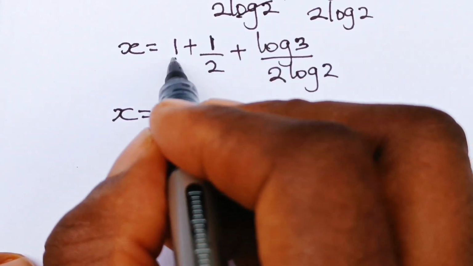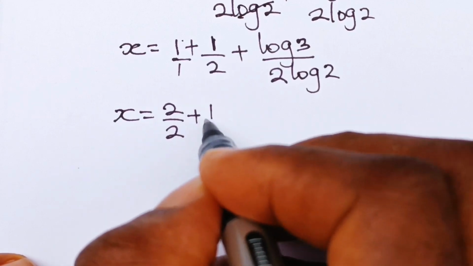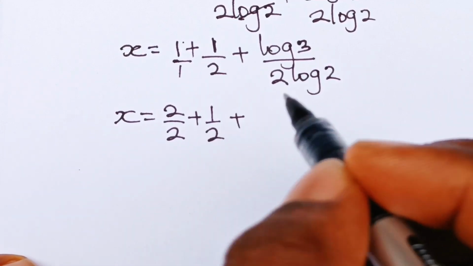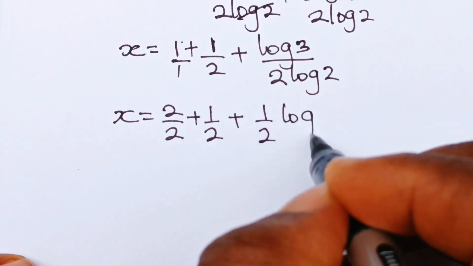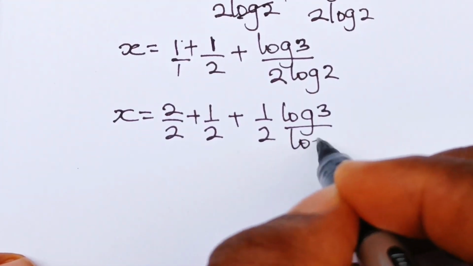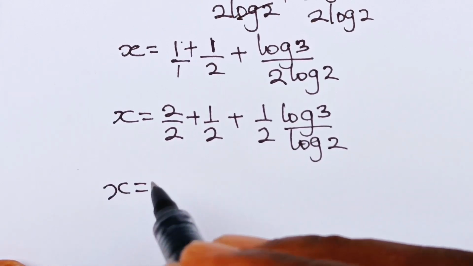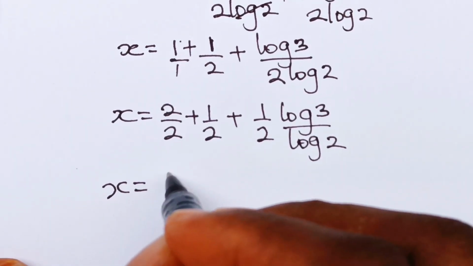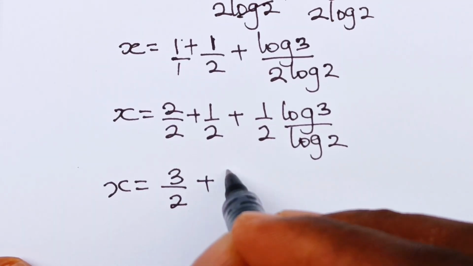Or let's solve it this way. 1 over 1 is the same thing as 2 over 2, plus 1 over 2 times log 3 divided by log 2. So we have that x is equal to 2 plus 1, which gives us 3, divided by 2, plus 1 over 2.